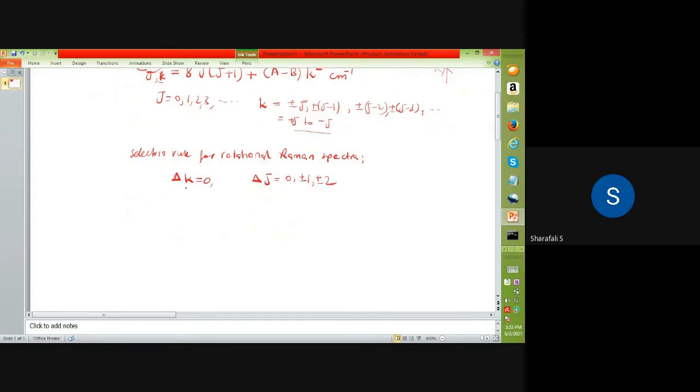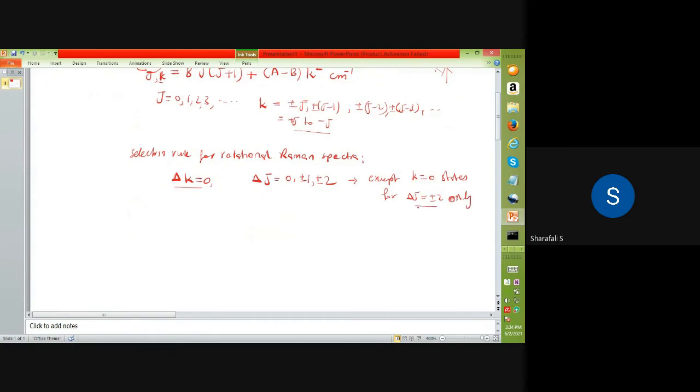So delta K equal to 0, and this is also important. This condition is except for K equal to 0 states, for delta J equal to plus or minus 2 only. So this K equal to 0 state corresponds to the delta J equal to plus or minus 2 case only.